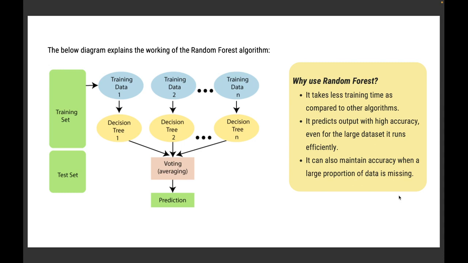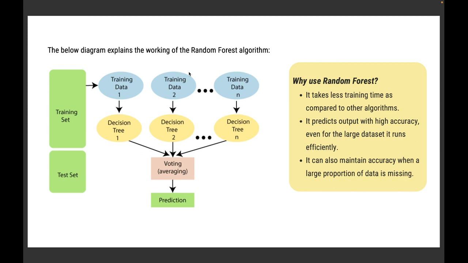The diagram below explains the working of the random forest algorithm. There are two sets, that is, the training set and the testing set. In the training set, we divide our training data into a number of different training datasets, such as training dataset 1, training dataset 2, up to training dataset n. For training dataset 1, we have created decision tree 1.